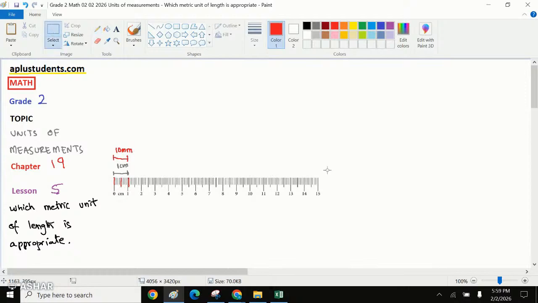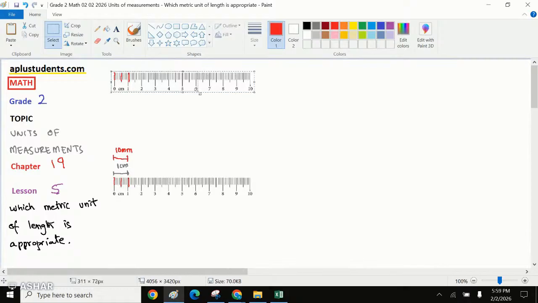Do we agree? Let's suppose I want to show what a meter is. A meter is 10 times of this length. If this was 10 centimeters, this was 0, this was 10, then we add another 10.